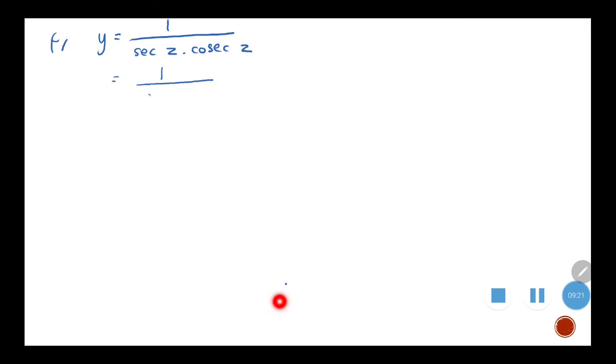So 1 over secant z can also be rewritten like this, and 1 over cosecant z. Now you must remember your trigonometry functions. 1 over secant z is the same as cos z. And 1 over cosecant z is similar to sin z. So now y is represented like this.